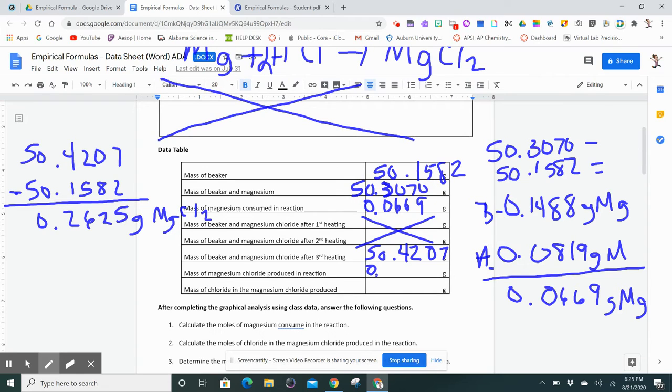I think I wrote those numbers backwards, 0.2526. Sorry, I wrote those backwards there. That's our mass of the magnesium chloride that's produced.